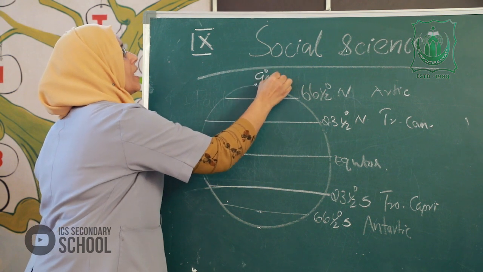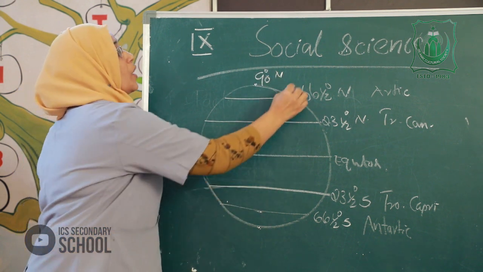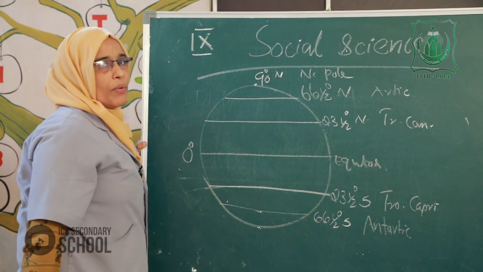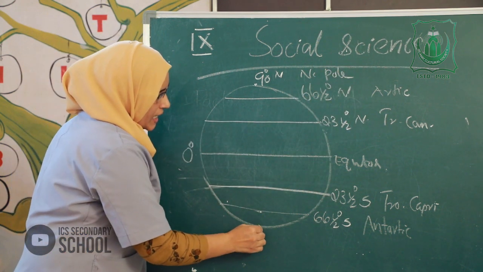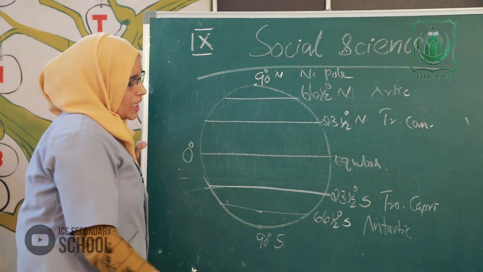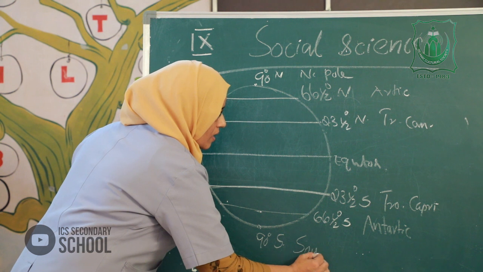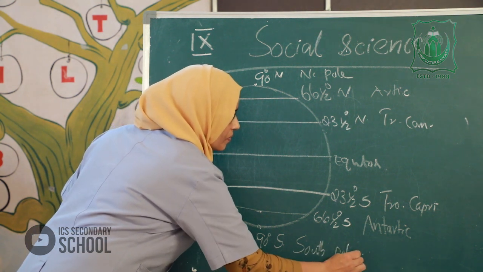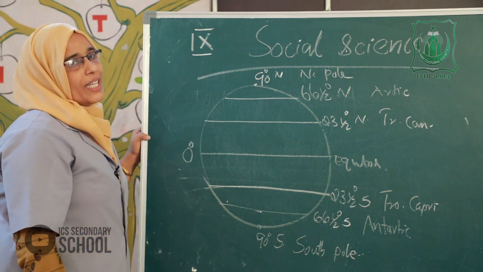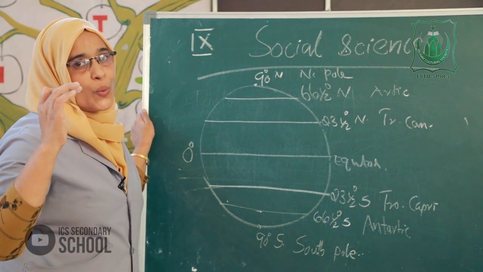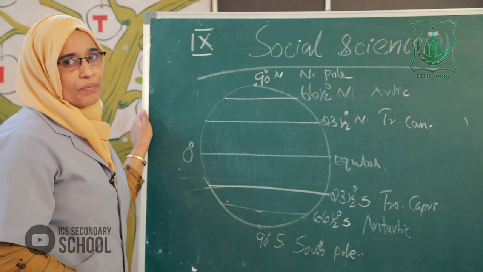90 degrees north, North Pole. 90 degrees south, South Pole. Okay, these are the 7 major latitude lines in the earth.